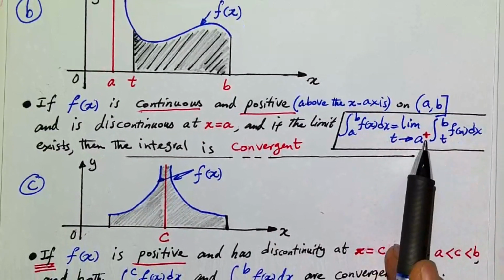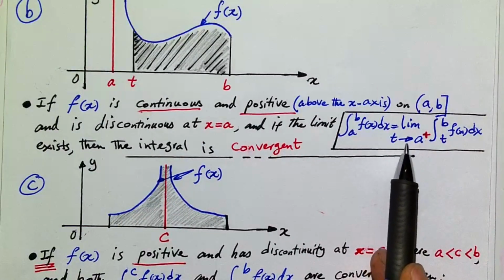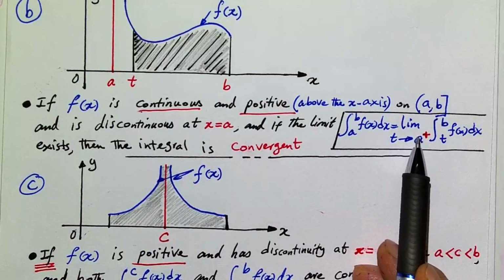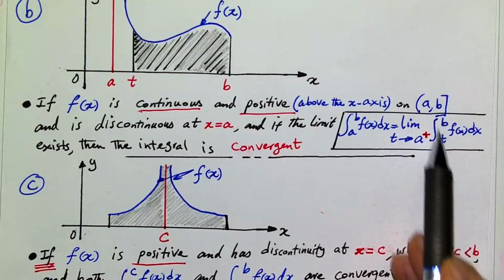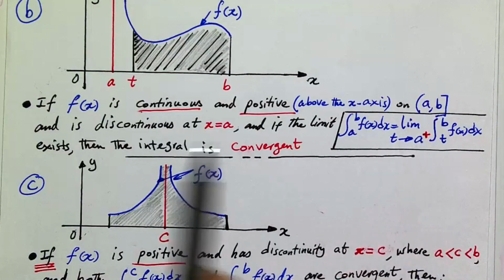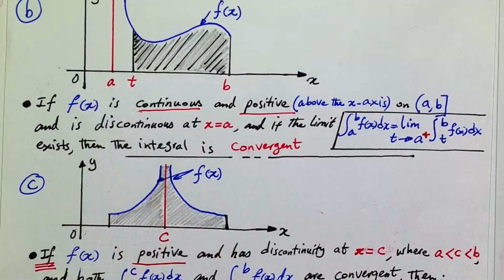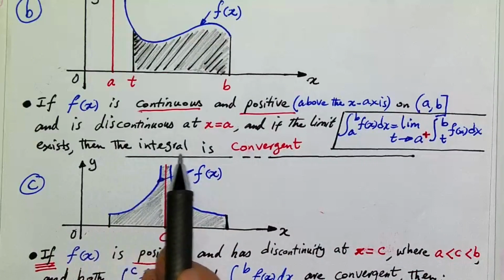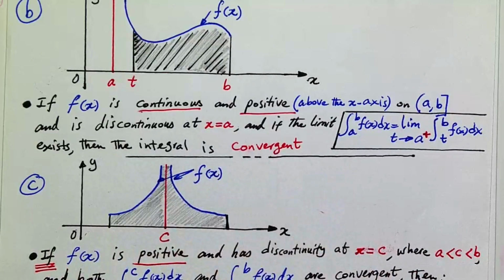So that's reflected in that plus. As t approaches a from the right side, we take the limit of the integral, and if that limit exists, then the integral is convergent, and if it doesn't, it's divergent.